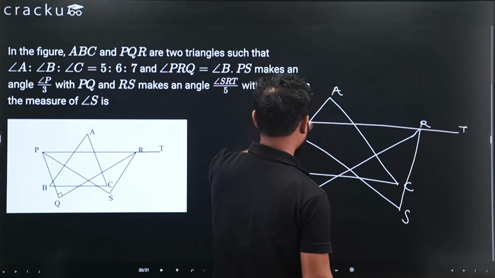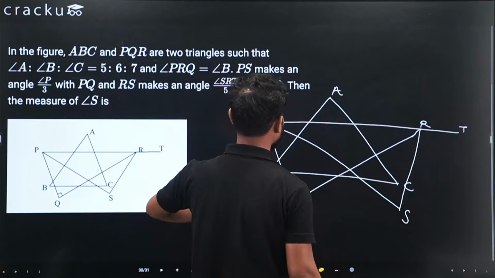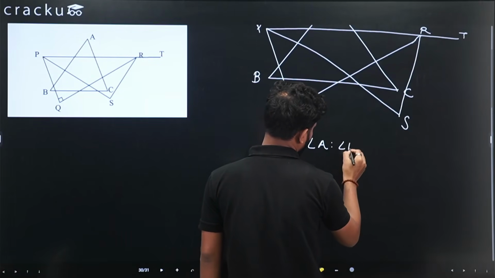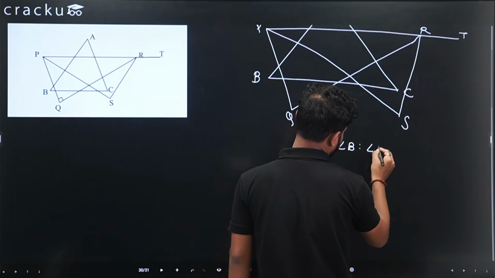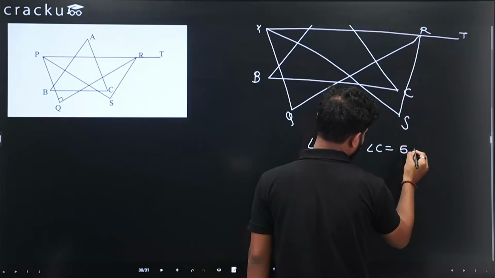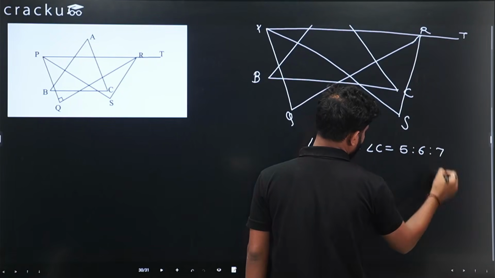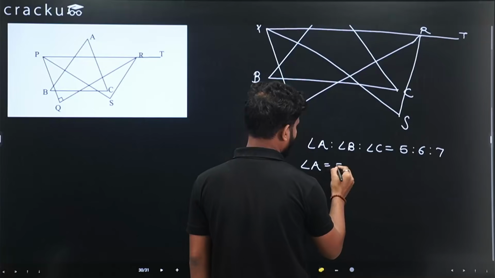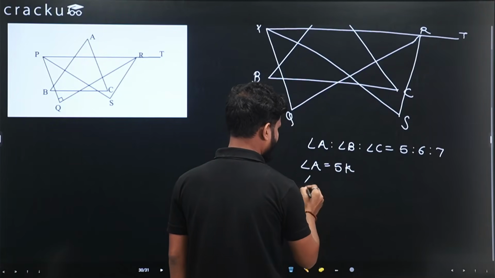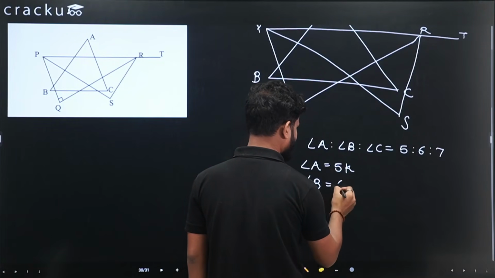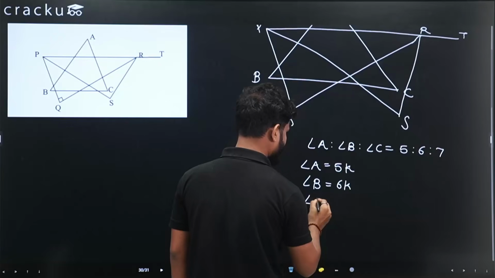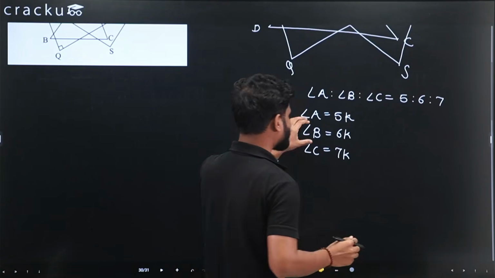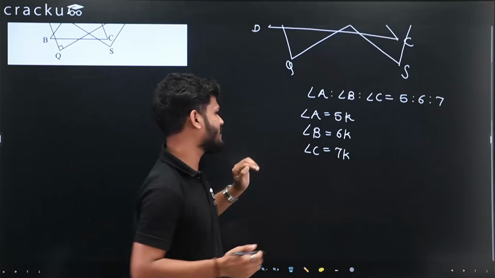What I have given? For the triangle ABC, the angles are in the ratio angle A is to angle B is to angle C is given as 5:6:7. So can I say angle A is, let us say, 5K, angle B is 6K and angle C is 7K. So sum of all angles of a triangle is 180 degree.